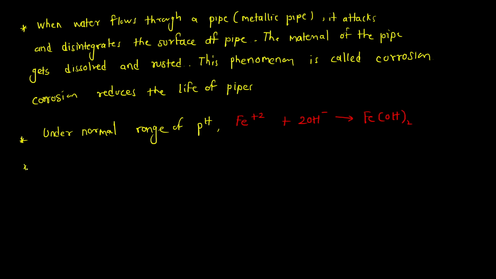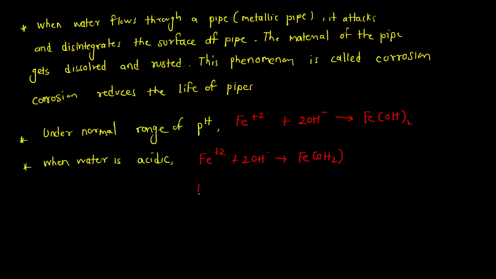Okay. When water is acidic, these Fe ions react with water, or we can say dissolved oxygen, and this forms the precipitate. Initially they form the precipitate, that is FeOH2.